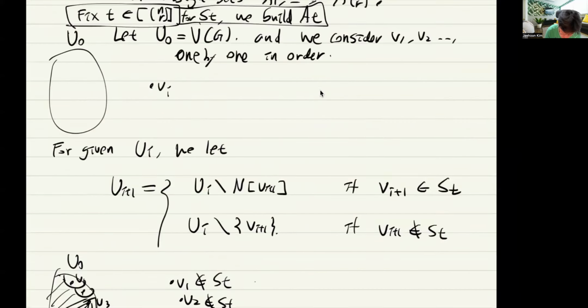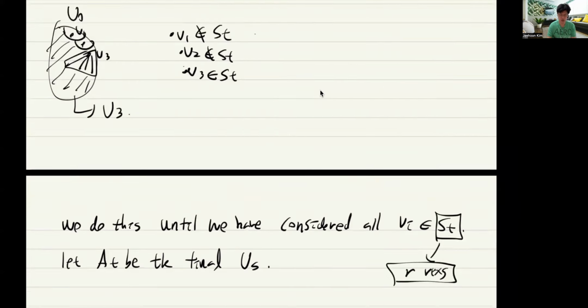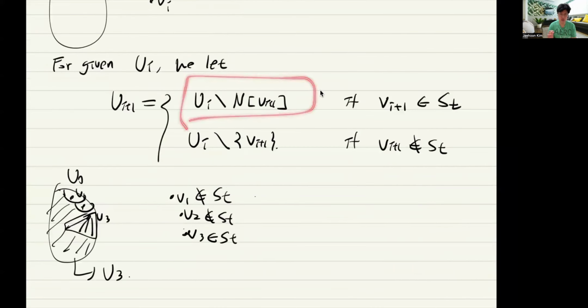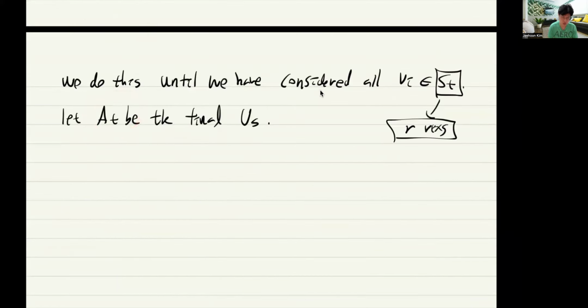Okay, what do we know? This FT has R vertices. That means we have done this procedure R times to get this set here.